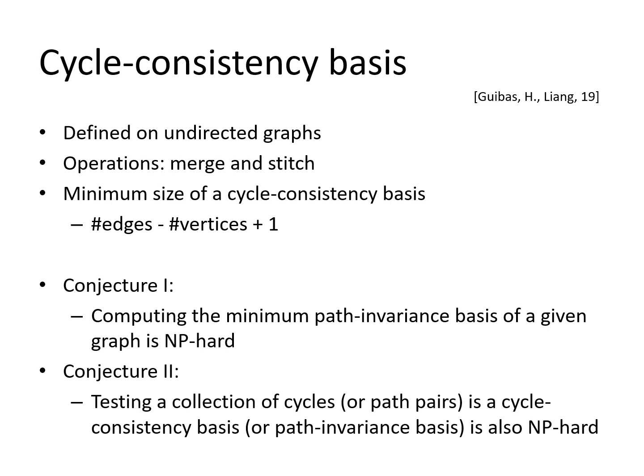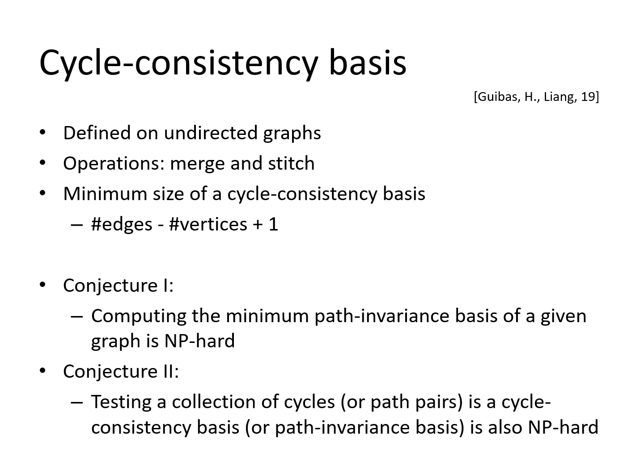The induction operations are merge and stitch. In a recent NIPS paper, we analyzed the cycle consistent basis in depth. We can show that the minimal size of a cycle consistent basis is the number of edges minus the number of vertices plus 1, and it's related to spanning trees.